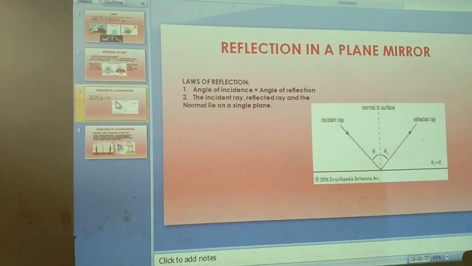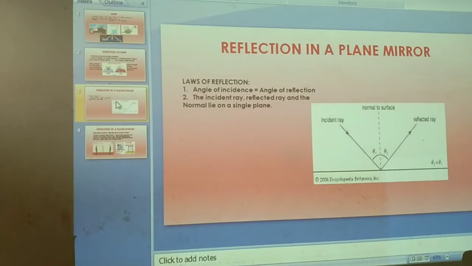If you consider a perpendicular to the surface at the point of incidence, that becomes the normal. The first law of reflection is that the angle of incidence is always equal to the angle of reflection. The incident ray, reflected ray, and the normal all lie on a single plane. These are the laws of reflection.